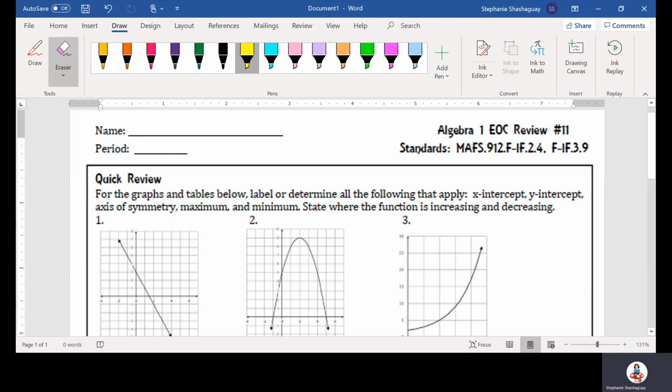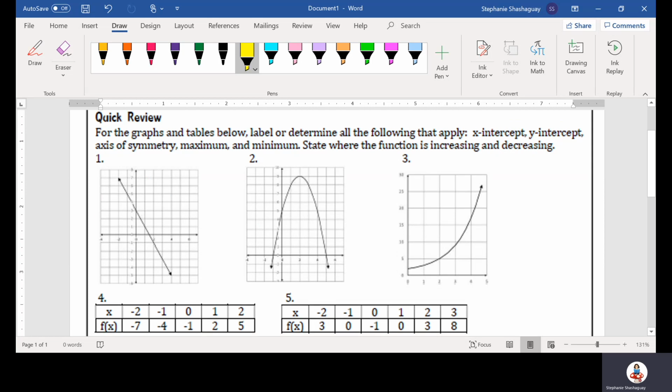All right, for today's video, we're going to do EOC review number 11. Okay, for the graphs and tables below, label and determine all of the following that apply.